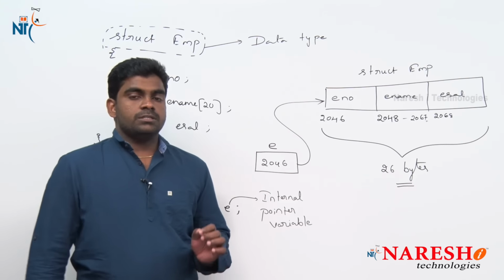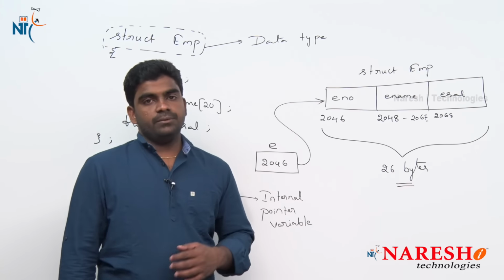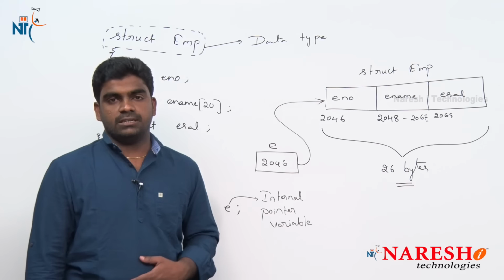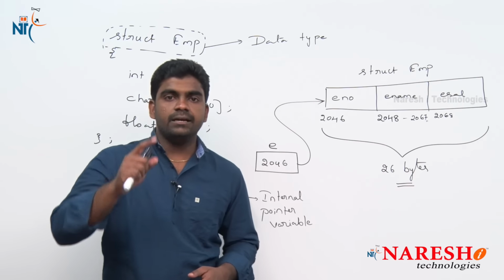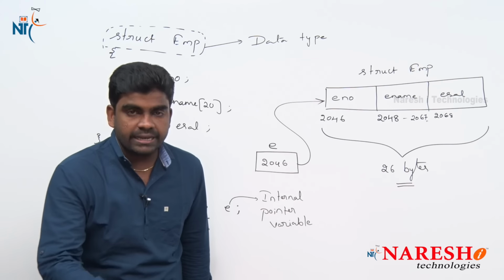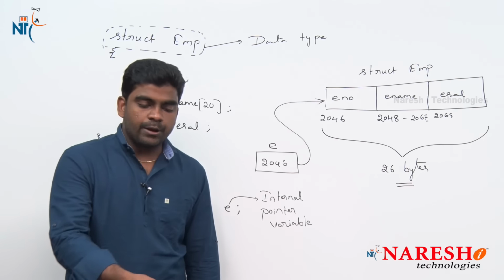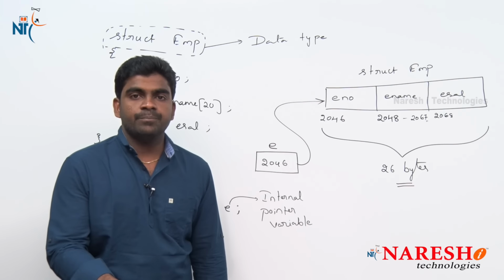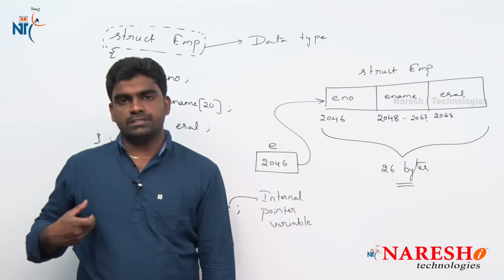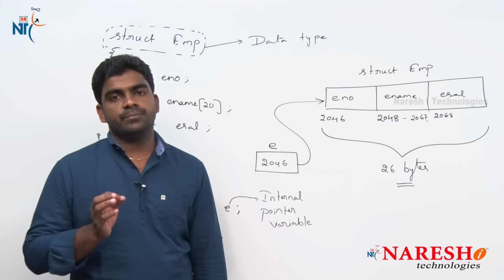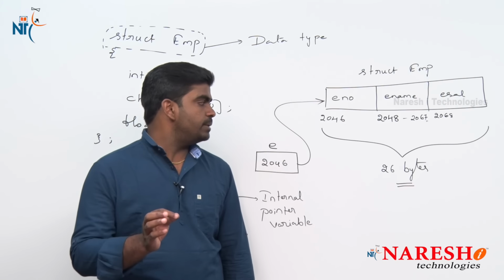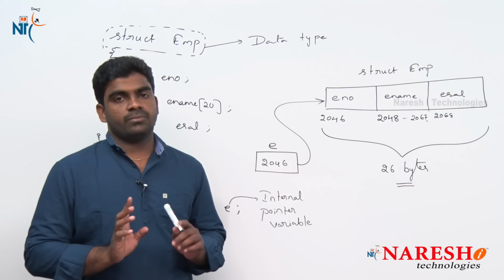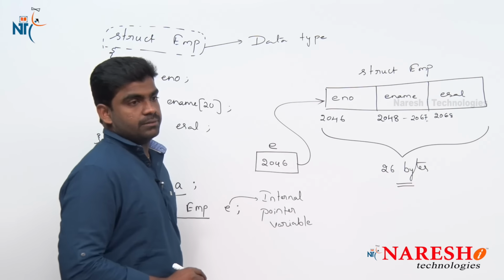Okay. Sir, once we allocate the memory, how can we access the elements of that structure? Memory is allocated, and I want to store the information or retrieve the information. How can we do that? Very simple. Structure variables can be accessed with the help of an accessor. The accessor is the dot operator.